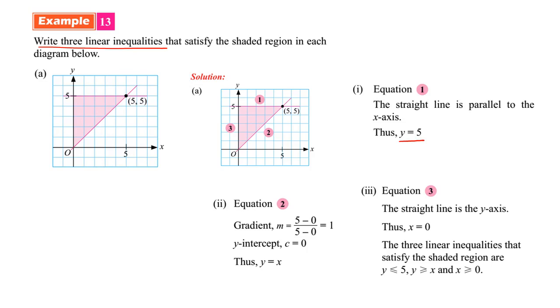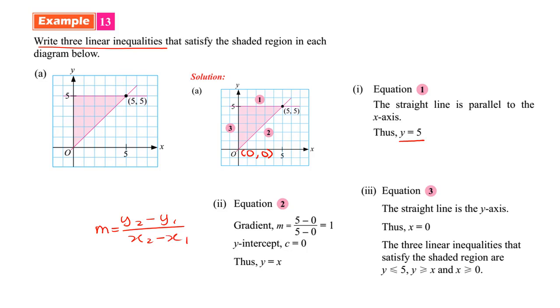Equation 2, we have to write on our own. We get two points, 0, 0 and 5, 5. We use the formula y2 minus y1 over x2 minus x1.